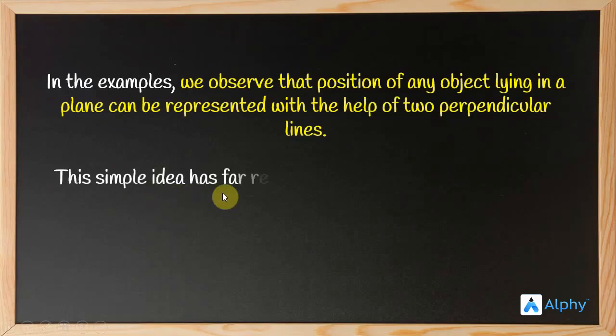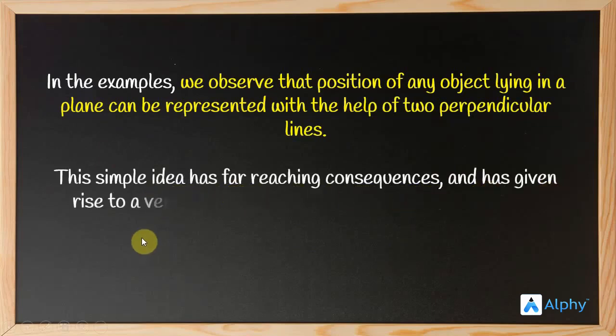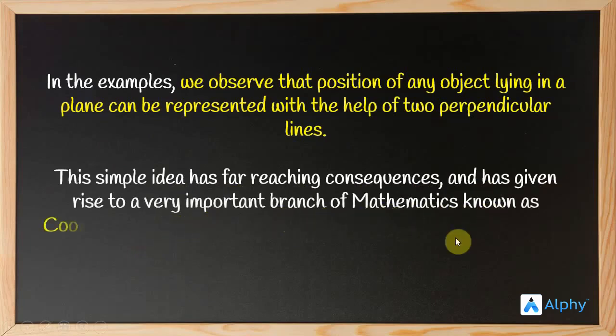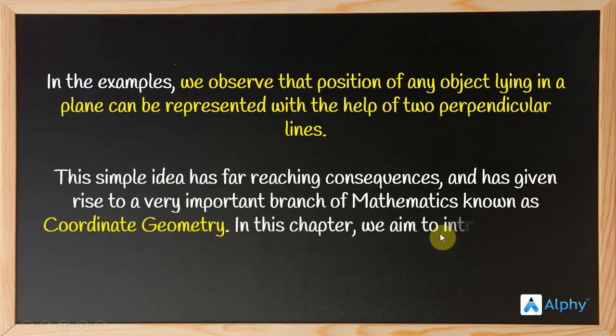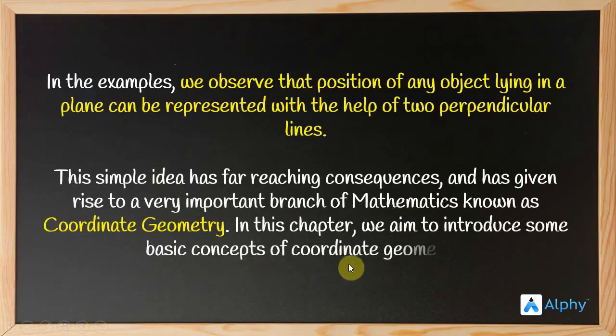This simple idea has far-reaching consequences and has given rise to a very important branch of mathematics known as coordinate geometry. In this chapter, we aim to introduce some basic concepts of coordinate geometry. We study more about these in our higher classes.